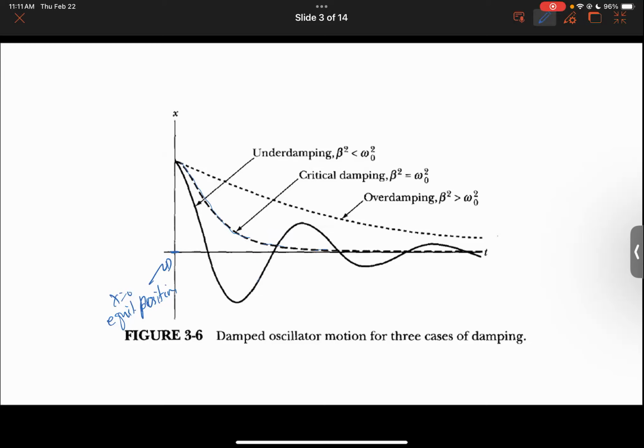Okay, so pag overdamping naman, when beta squared is greater than omega naught squared, the motion of the particle just approaches zero, pero over a very, very long period of time.